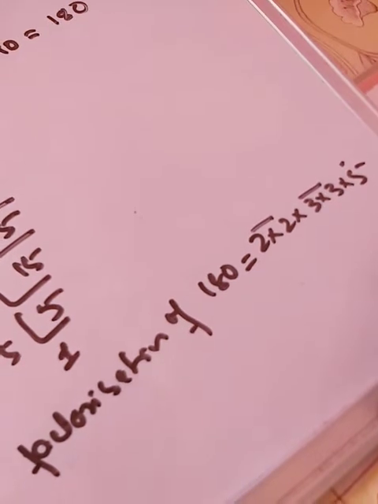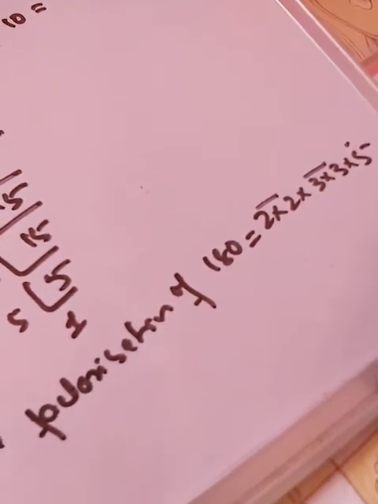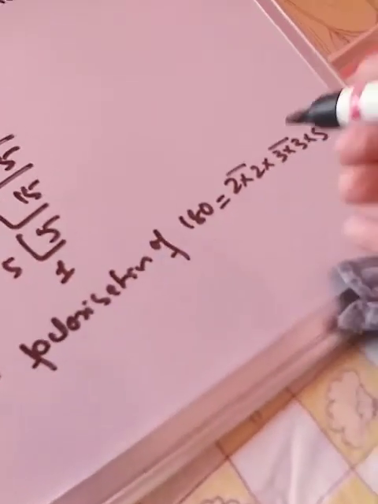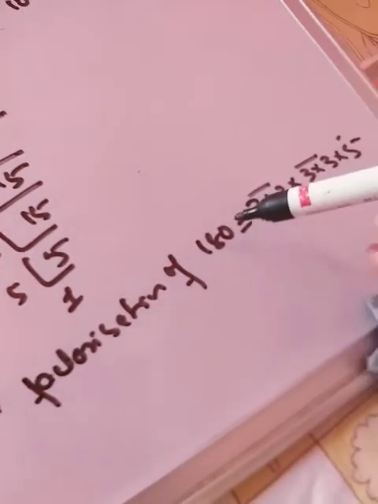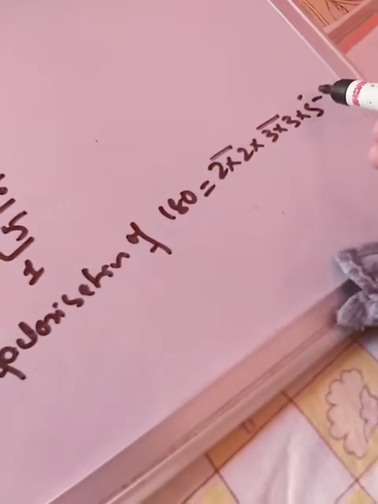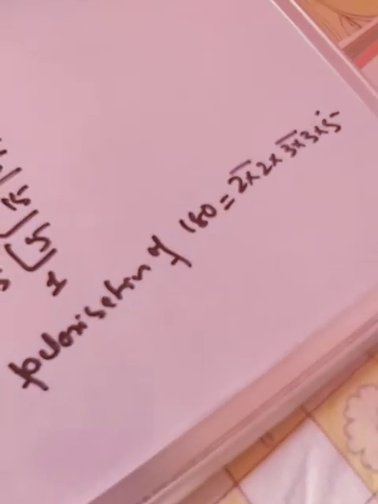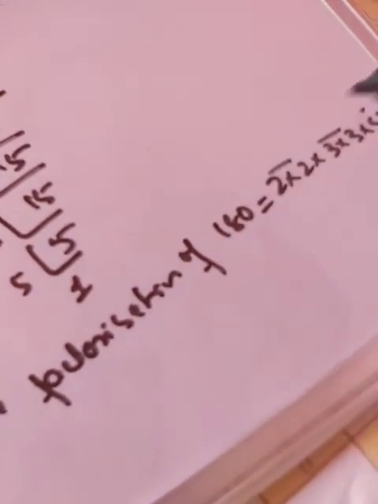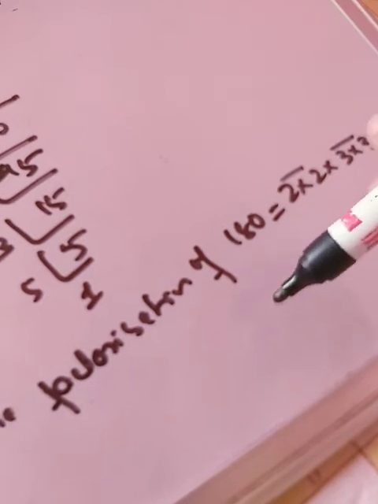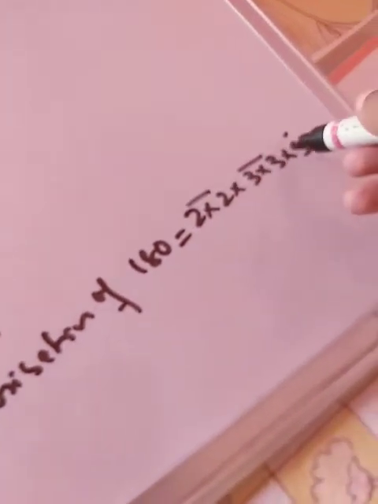Therefore 180 is not a perfect square. Any number which is a perfect square has all its factors in pairs. As we see that 5 is not in a pair, 180 is not a perfect square. In order to get a perfect square, each factor of 180 has to be in a pair.